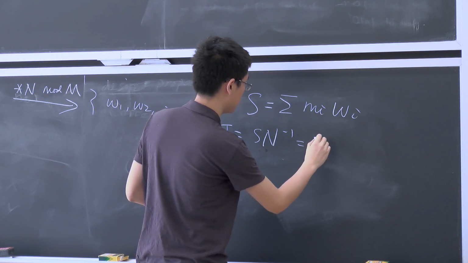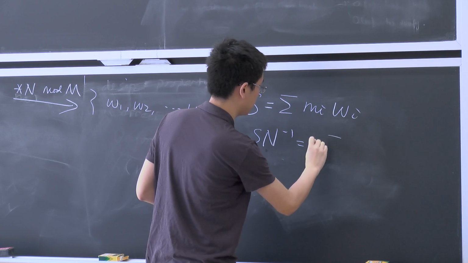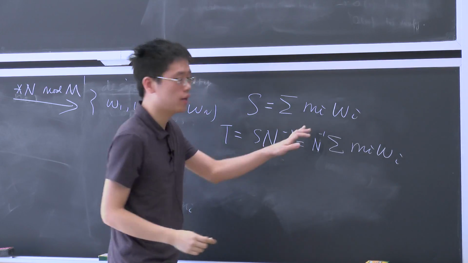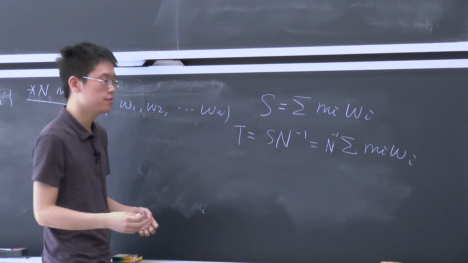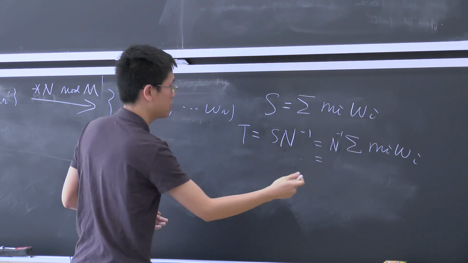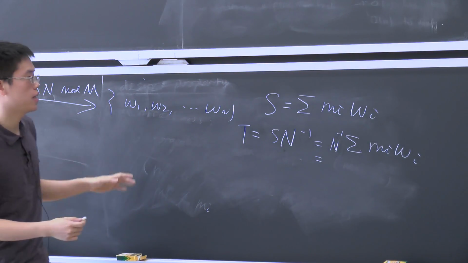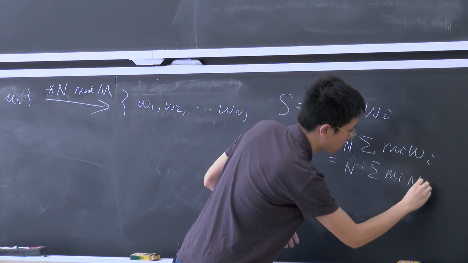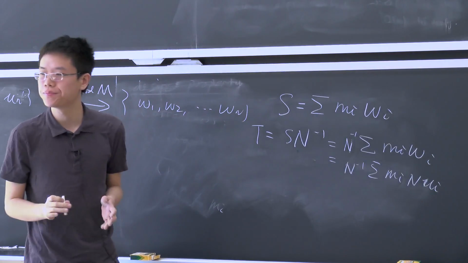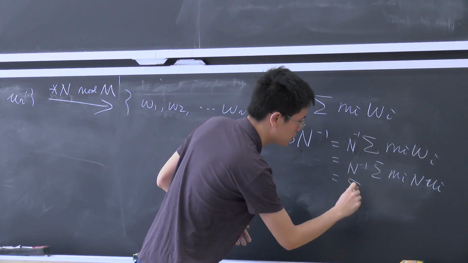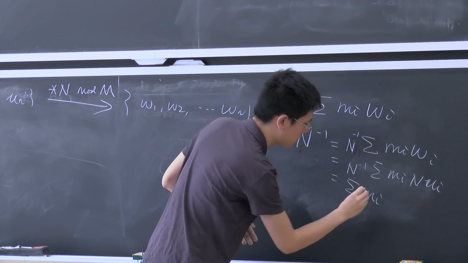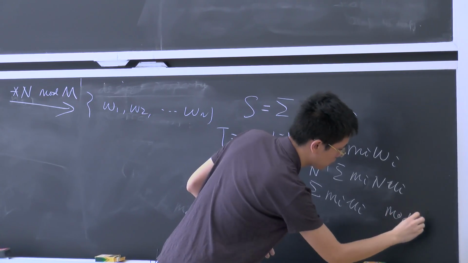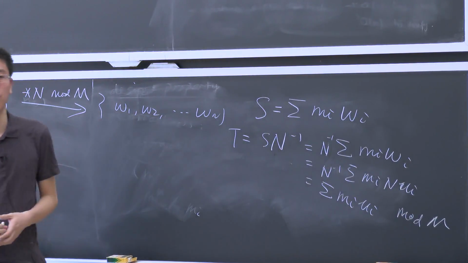So that's going to be the inverse of n multiplied by this sum of mi wi. That's how I encrypt it, and each wi is n times ui. So far so good? Okay, so that gives me the sum of mi times ui. Of course, every step is modulo m.